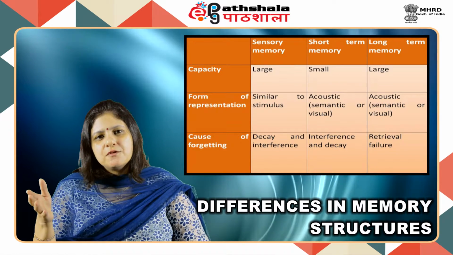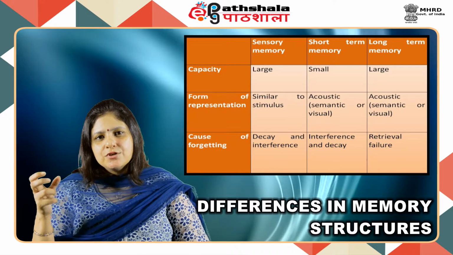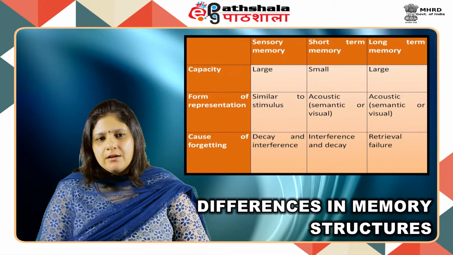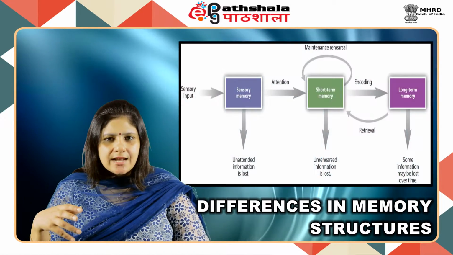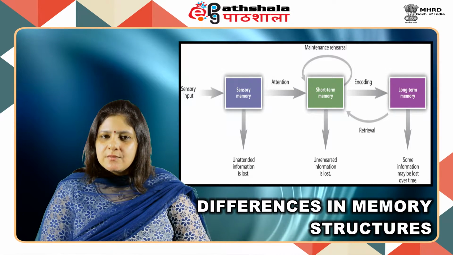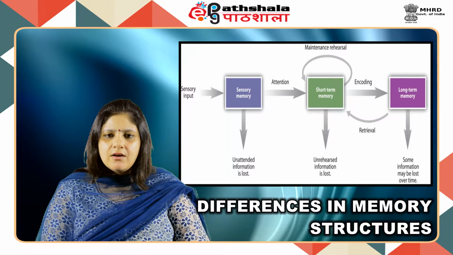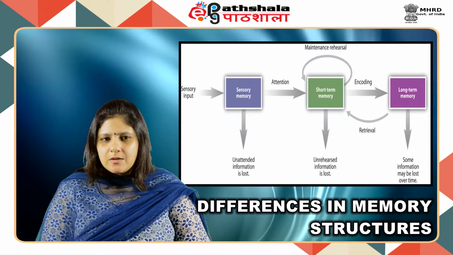And if you switch over to long-term memory, as we have discussed, it has a huge capacity; it's unlimited. Then formation of representation would be similar to the stimulus. As the stimulus is there, you will try to represent it in the same manner. In short-term memory, it would be semantic and visual both, like visually you are seeing an object, whereas in long-term memory, it's similar to what short-term memory is all about.